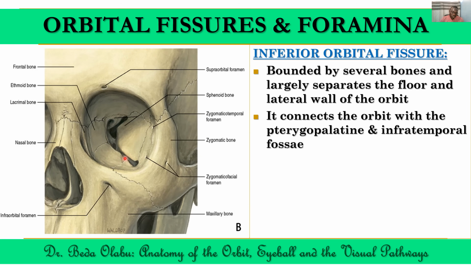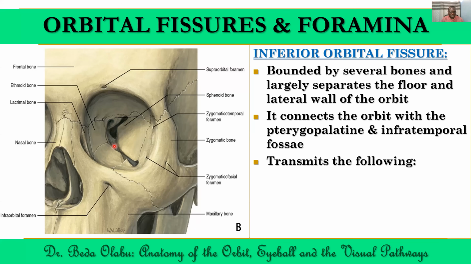The inferior orbital fissure connects the pterygopalatine and infratemporal fossae to the orbit. So there's a space called the pterygopalatine fossa. There's a space called the infratemporal fossa. These two fossae communicate with the orbit through the inferior orbital fissure.